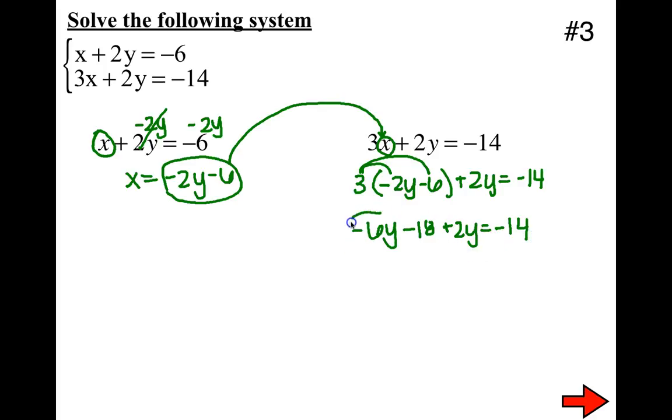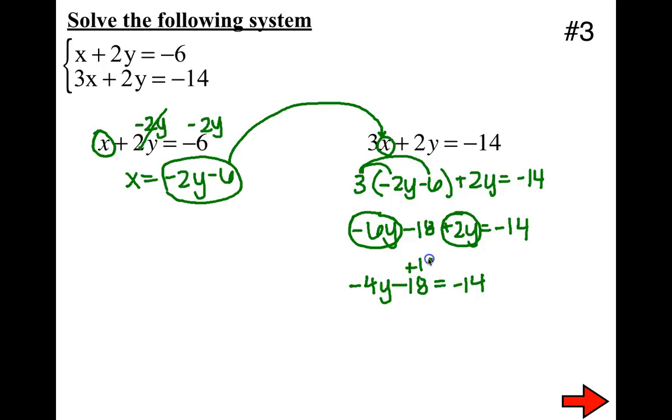Here, I'm going to combine like terms. I'm going to combine a negative 6y with a positive 2y. There are more negatives, 4 to be exact, so negative 4y minus 18 equals negative 14.